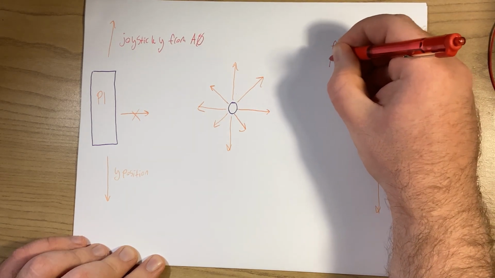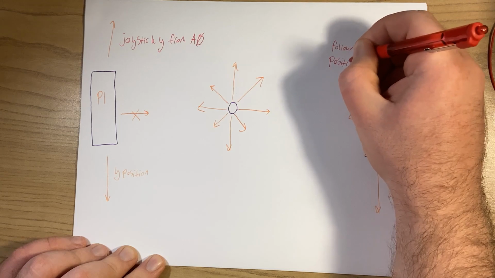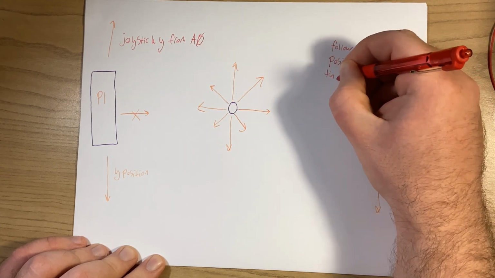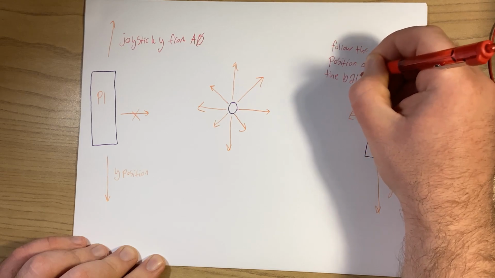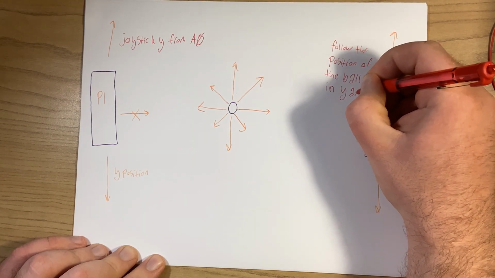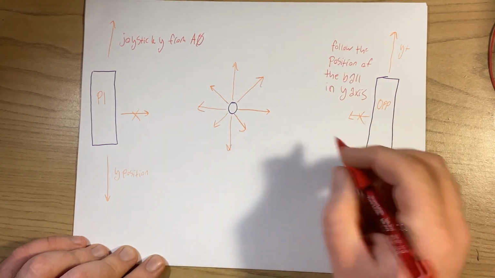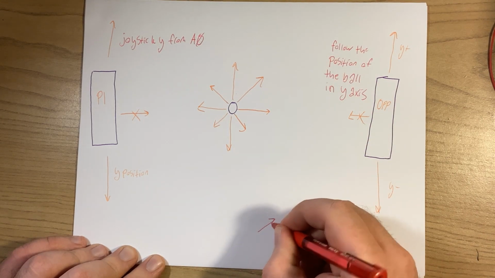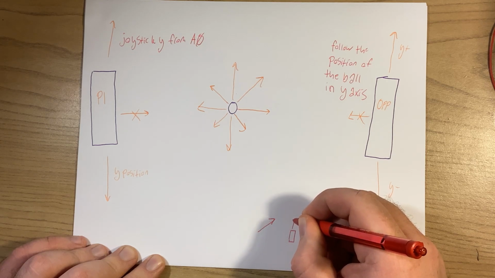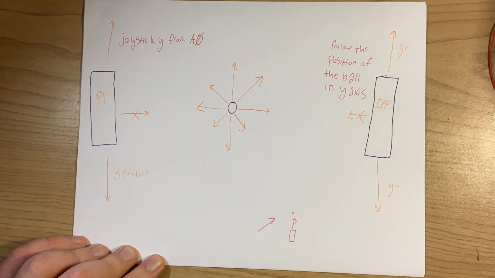And then this guy, we're going to make it follow the position of the ball in the y-axis. So if the ball goes here, our paddle should move to get to the same point.